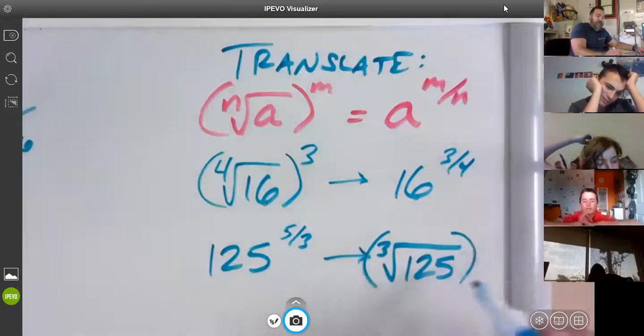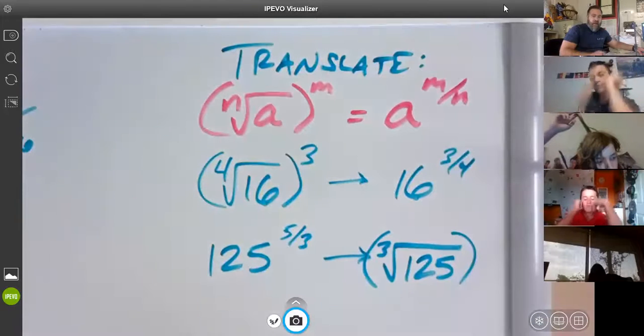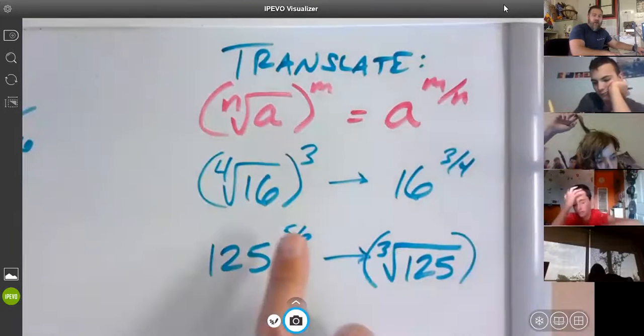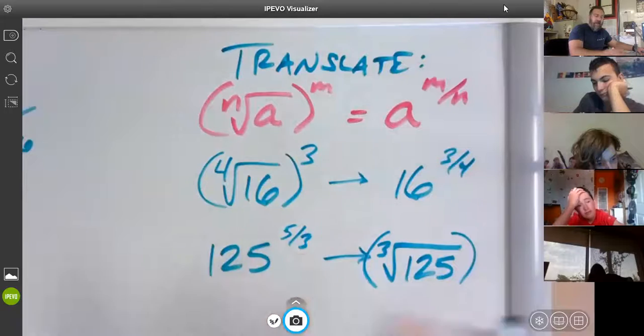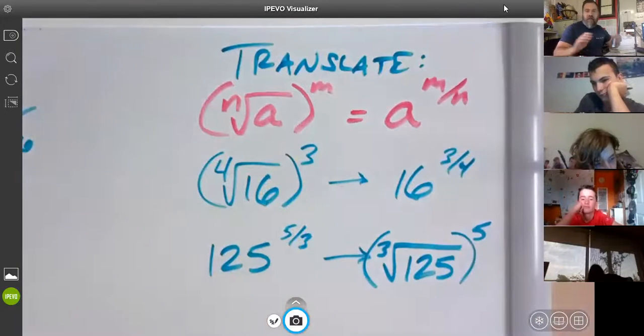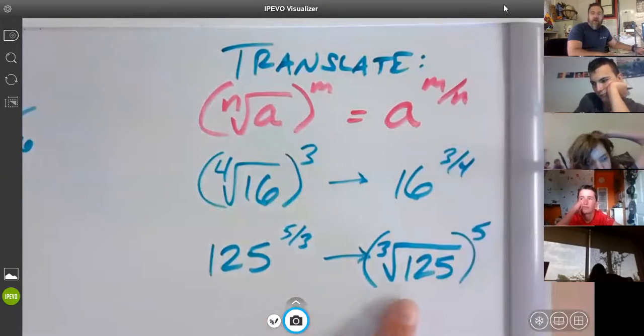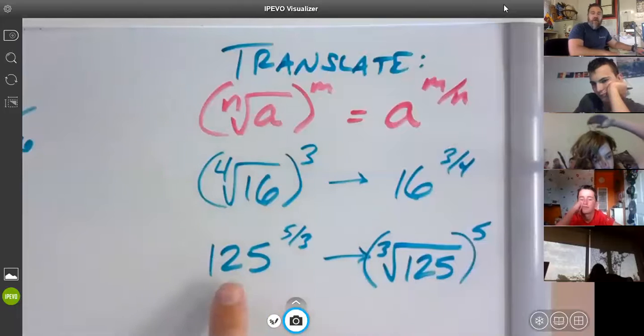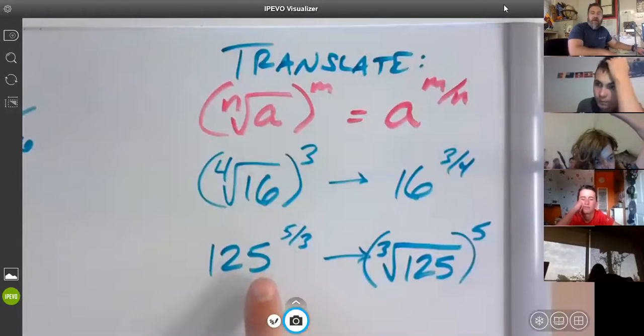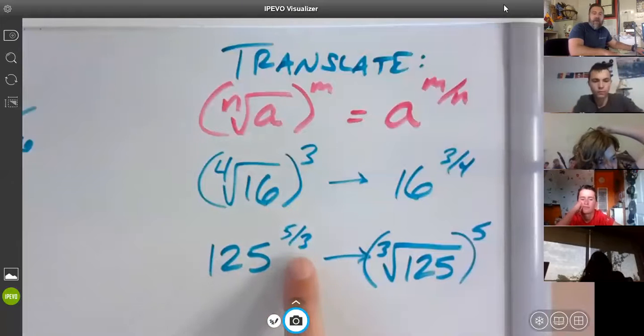But now that there's a numerator, I'm going to raise that whole mess to whatever the numerator is, in this case, 5. And it's important to have these parentheses, if nothing else, just to help you with the order of operations here. Because one thing you're going to also be asked to do is to evaluate. So let's say I had to evaluate, or find out what the actual number answer would be, at the other end of this, of taking this 125 and raising it to a 5/3 power.